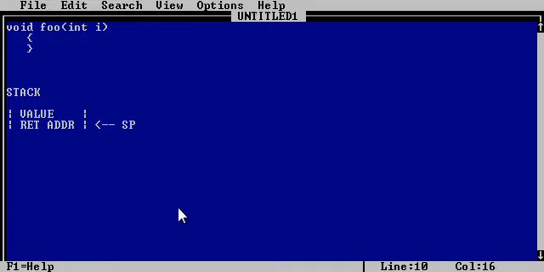But the stack pointer is pointing here. So in order to get the value, all we've got to do is add 2, because we have 16 bits. It's 2 bytes for a return address. So this is SP plus 2. So all we got to do is find a way to get square brackets around that expression, and we got it. So how do we do it?